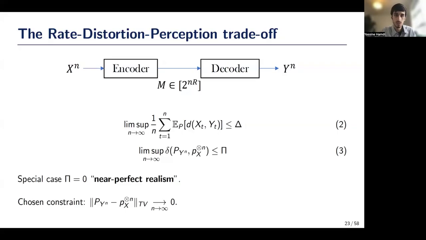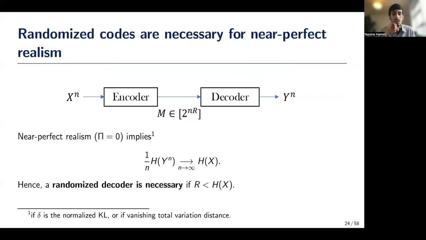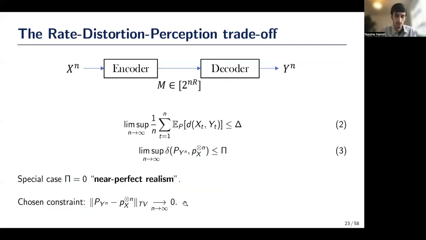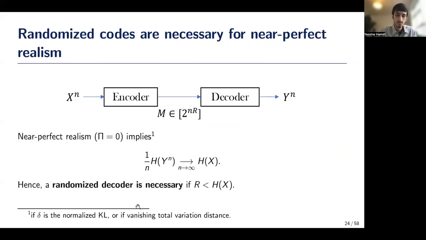And just to quickly wrap up on this, it is very different because now randomized encoder and decoder are necessary if you want to achieve this last constraint that I showed, that the distribution of yn be close to the distribution of xn. Why? Because the idea is the encoder is going to remove information. So there are a lot of possible values of xn, but not many possible values for the message M, or the integer M.